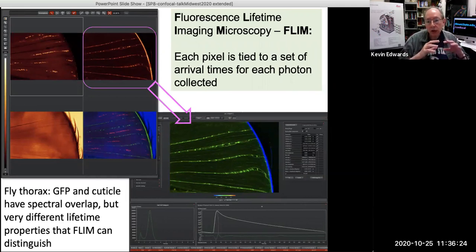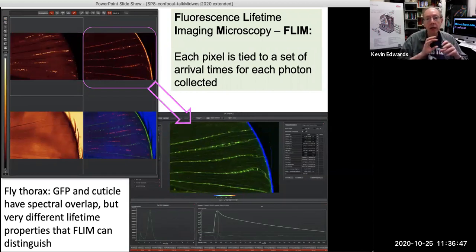This can also be used to detect changes in a compound, because the fluorescence lifetime depends on various features of the environment. It could depend on the pH, various other things. So if you're observing in a live situation, observing differences in lifetime, that reflects something that's happening to your dye.